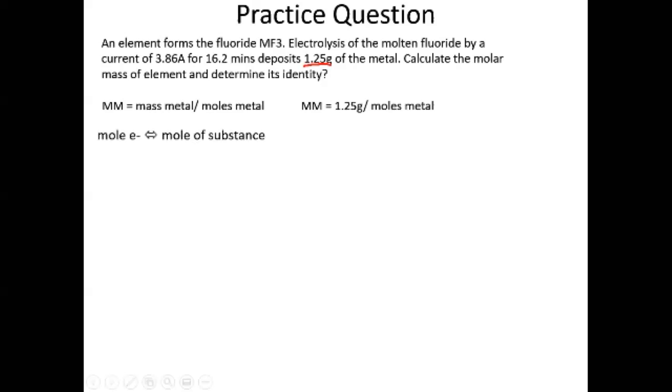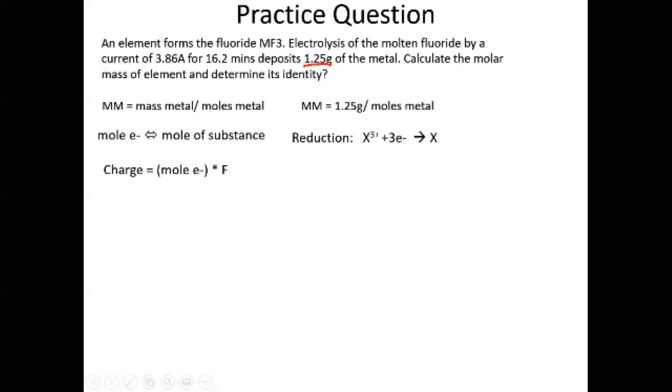Well, the moles of electrons can lead us to the moles of the substance. How do we find the moles of electrons? Well, we know that 1 mole of substance gives us 3 moles of electrons. So that's our relationship between moles of metal and moles of electrons. And the reason it's 3 is because our general formula is MF3. And this means that our metal has a 3+ cation.